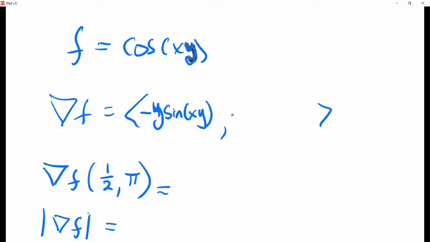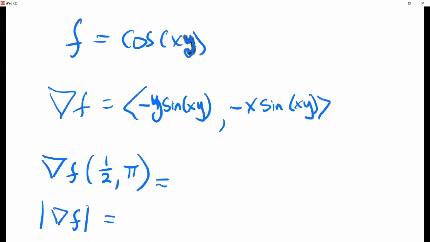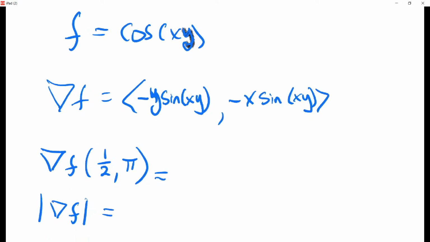Negative x sine of xy. Wow, it's sort of symmetric, isn't it? It's kind of cool. Same deal. I won't belabor this. Now we're going to plug in x equals 1/2, y equals pi. What do you get when you plug x equals 1/2, y equals pi into this first bit?